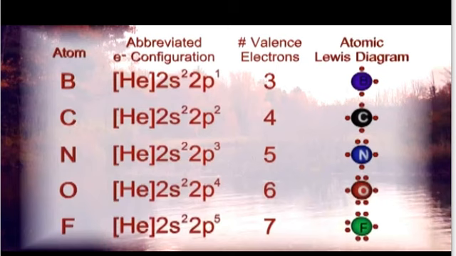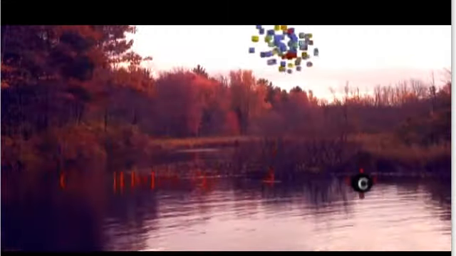Similarly, now you can see here boron, carbon, nitrogen, oxygen, fluorine having the electronic configuration 2p1 to 2p5, with valence electrons 3, 4, 5, 6, 7, and you can see the Lewis diagram, because the valence electrons are shown in the outermost orbital.